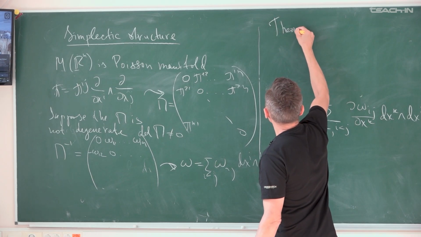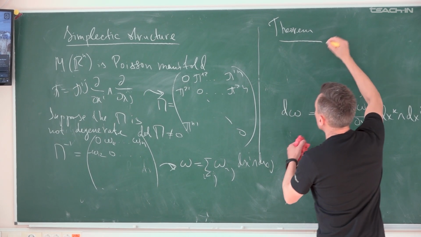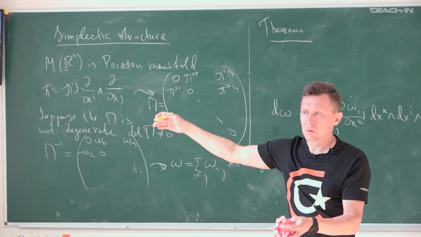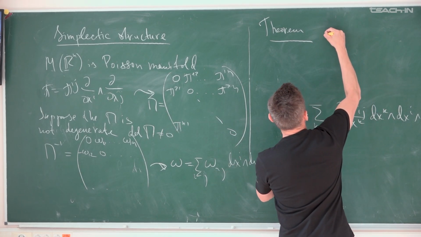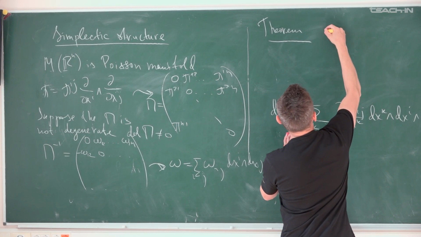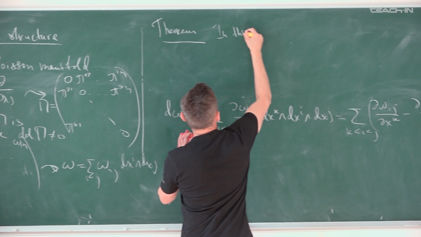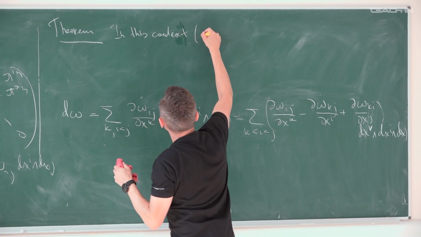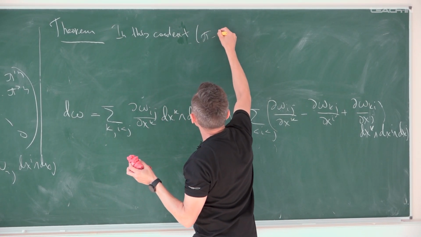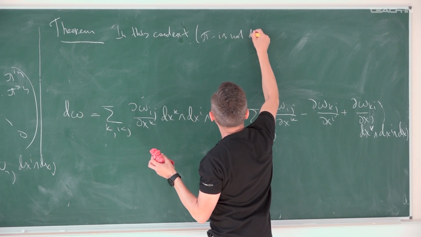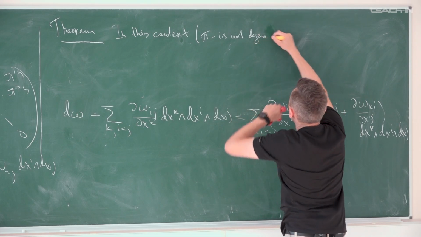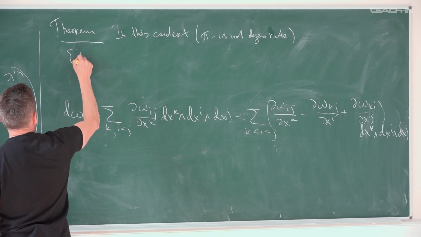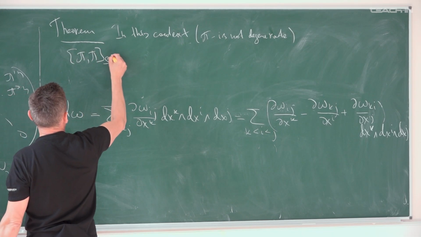Theorem. In this situation, when a bivector is non-degenerate, in this context, it means that pi is not degenerate. The bracket of pi with itself is 0.